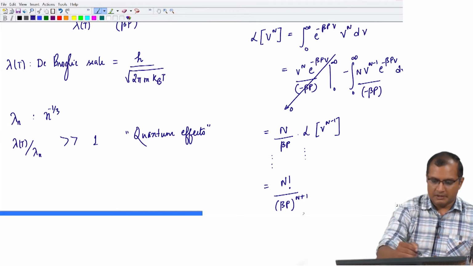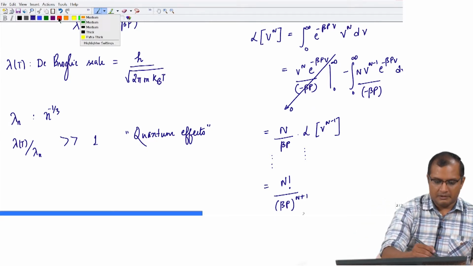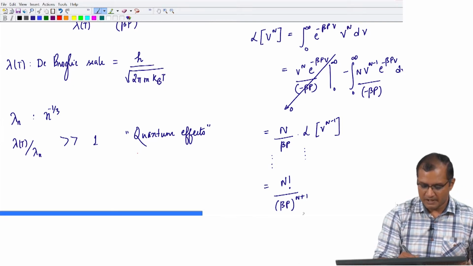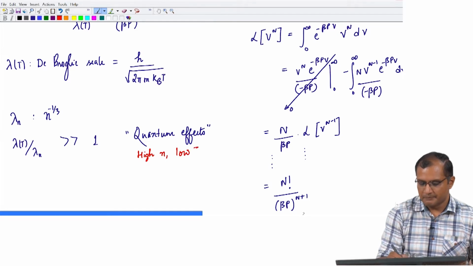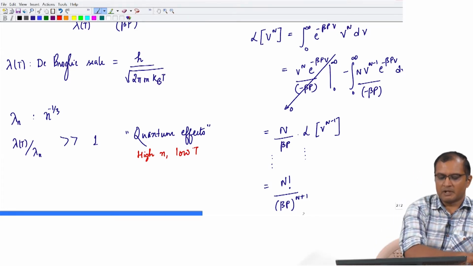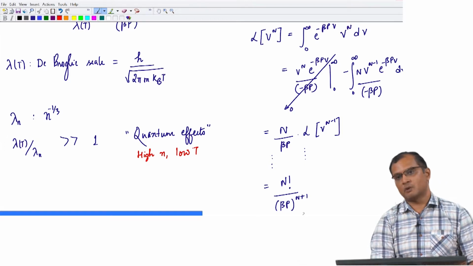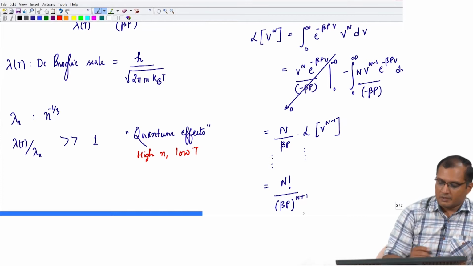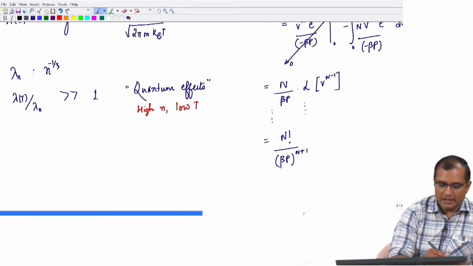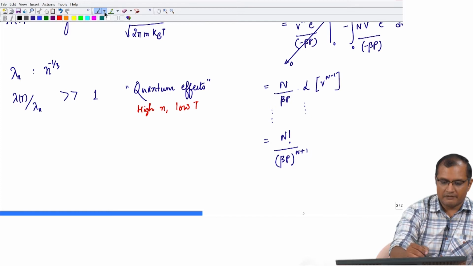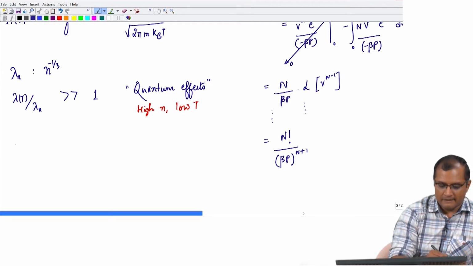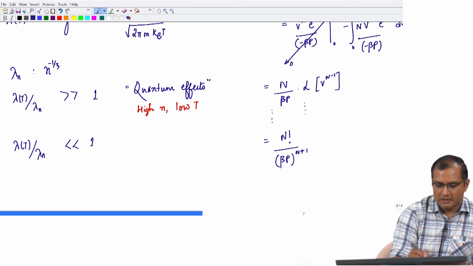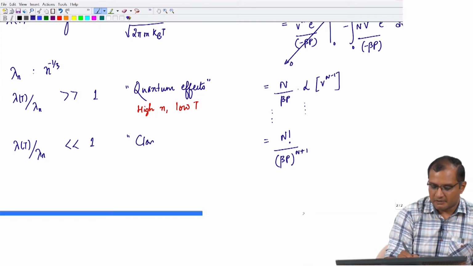So, the quantum effects will arise in the limit of high density and low temperature. Low temperature will make my numerator large and high density will make my denominator small, which means the ratio will be much larger than 1. That is called the quantum limit. And similarly, when you have this ratio much smaller than 1, you have classical effects or you have a classical limit.